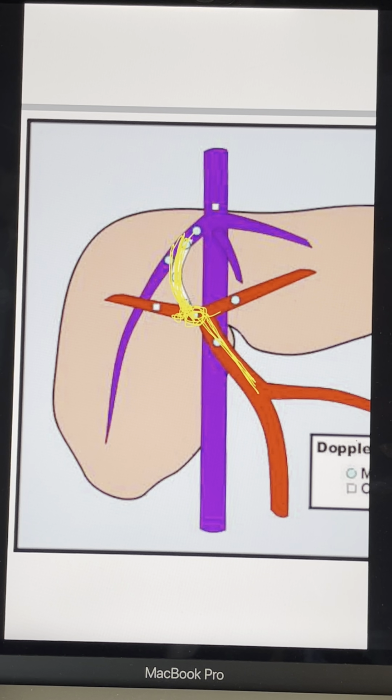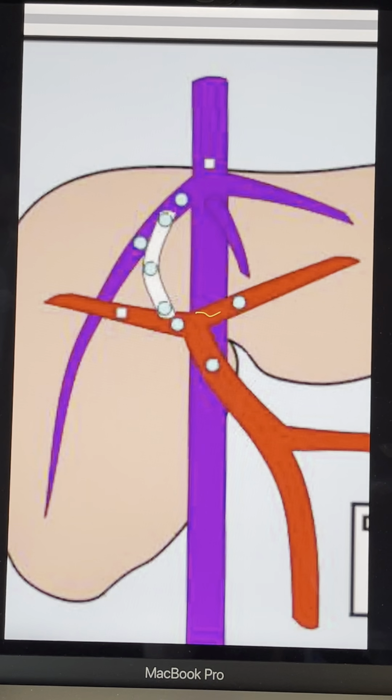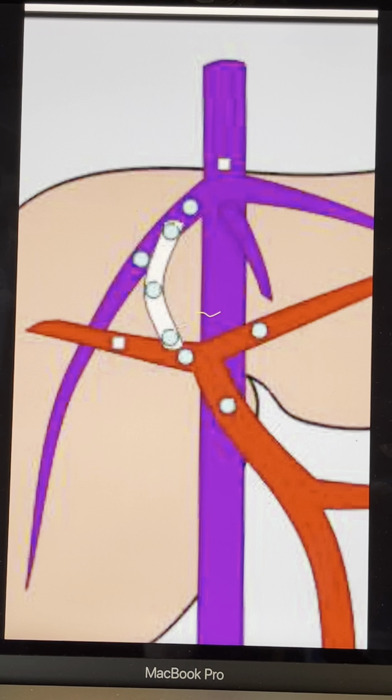So there are few points where you have to take the waveform, and if I zoom in, you have to take the waveform in main portal vein. Then before the starting of the shunt, inside the shunt, you have to have it at 3 places: proximal, middle, distal.